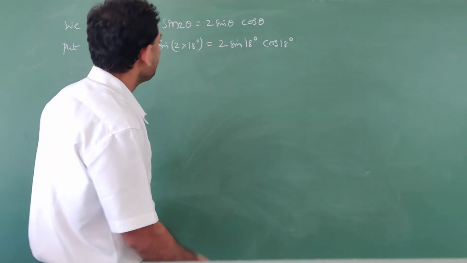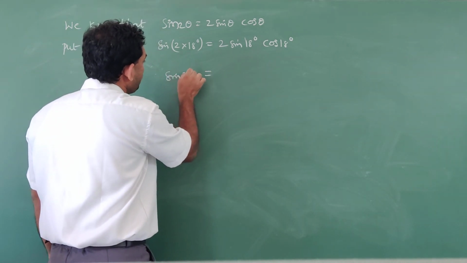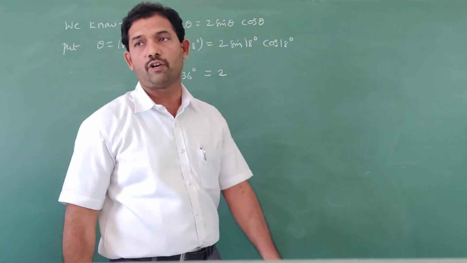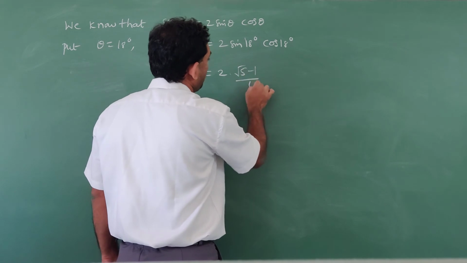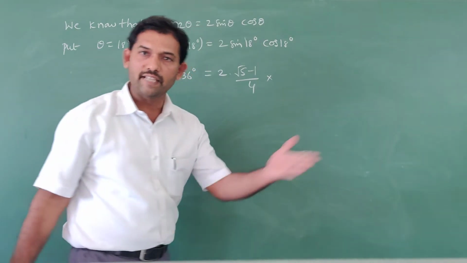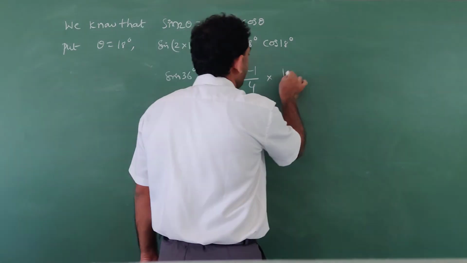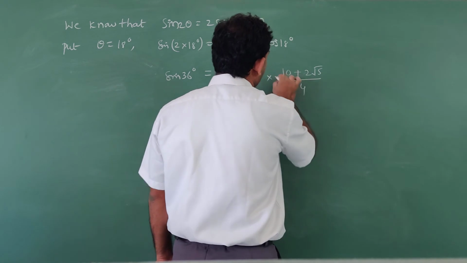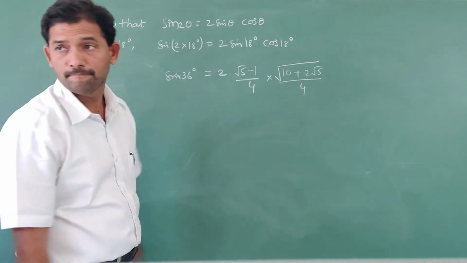Right? And now sin 36 degrees, sin 18 degrees is already simplified. How much? Root 5 minus 1 divided by 4, into cos 18, also simplified. How much? 10 plus 2 root 5 divided by 4 under root. This much only now.